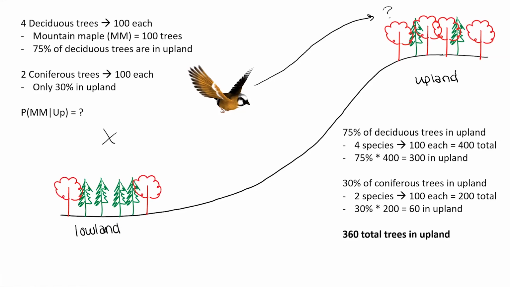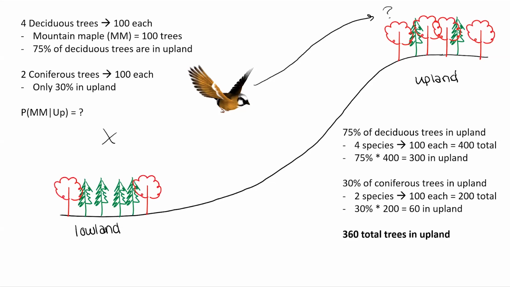Let's say I wasn't paying attention when I was watching this bird. I was just looking around. I saw a bird flying, and then I turn around and don't pay attention and it just lands. I just know it landed somewhere. And I'm still asking, what's the probability that it landed in a mountain maple? Well, now I'm saying there's 100 mountain maple trees. I know that for some reason.